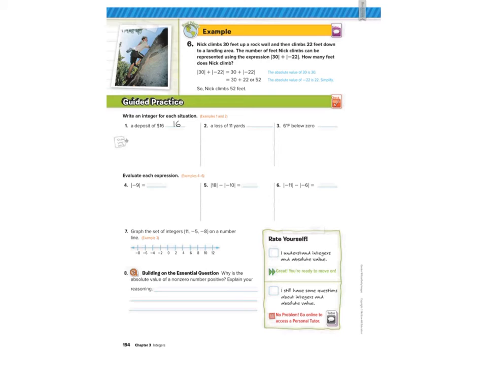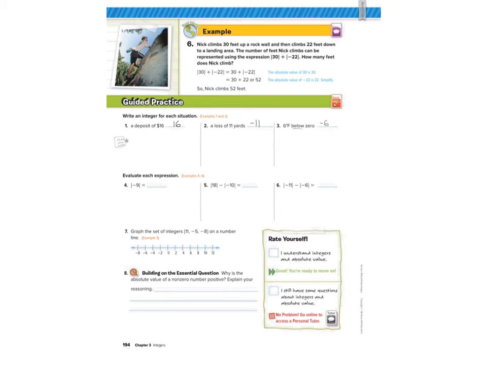Number 2, a loss of 11 yards means that you lost yards, like in football when the quarterback gets pushed behind the line of scrimmage, that is a loss of yardage. So losses are negative integers, negative 11 for number 2. Number 3, a temperature that is below 0 would be represented by negative 6 degrees below 0.